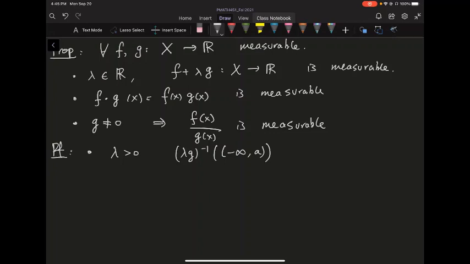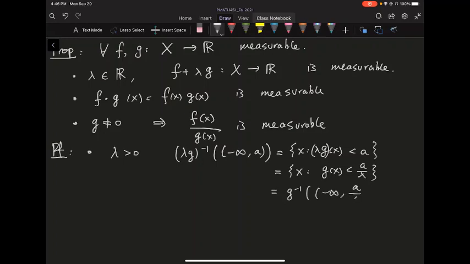This follows from the lemma from last video. This set is essentially all the x where lambda g evaluated at x is less than a. Because lambda is positive, this is all the x where g of x is less than a divided by lambda, which you can write as g inverse of negative infinity to a over lambda. And you know g is measurable, so this is measurable.